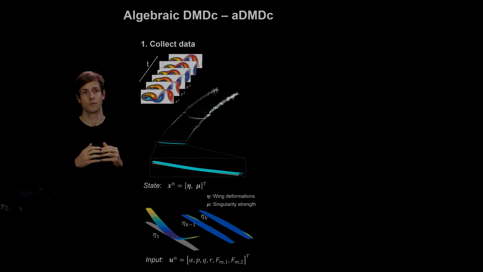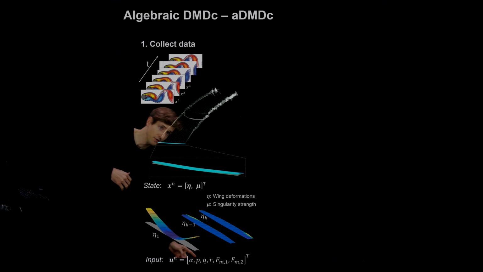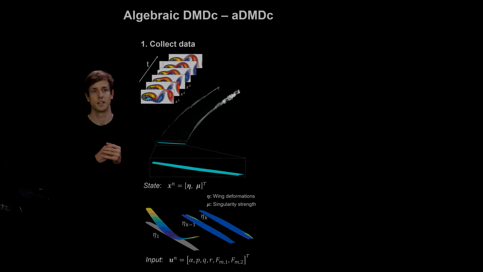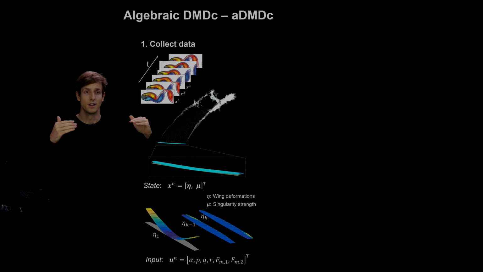First, the wing flight states, so the angle of attack and the rotation rates. These are like the first four inputs. And then second, the morphing inputs, so how we actually deform our wing.